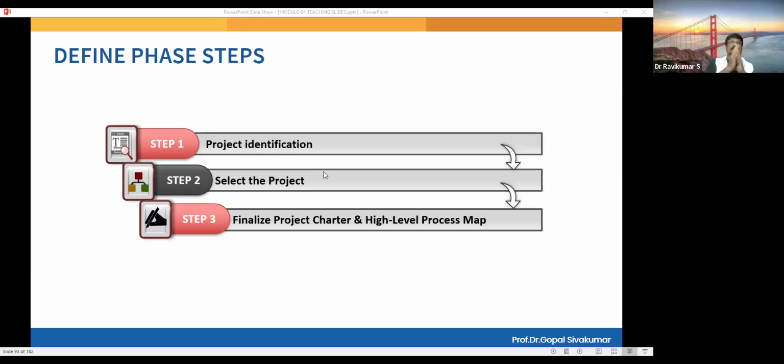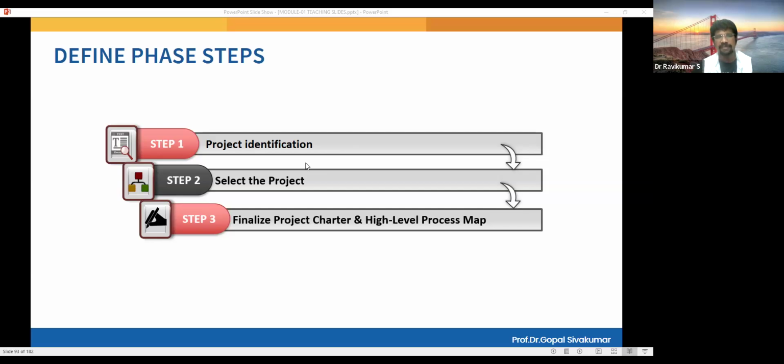You have selected to do the project in a particular process, in a particular division or department. Our team is going to identify the various activities present in the process so that they get a clear idea about that process.